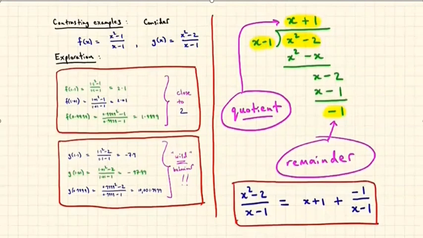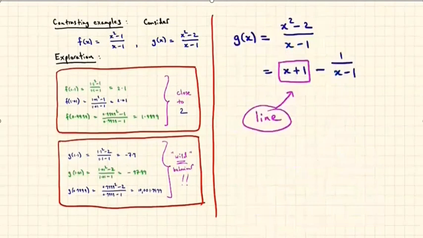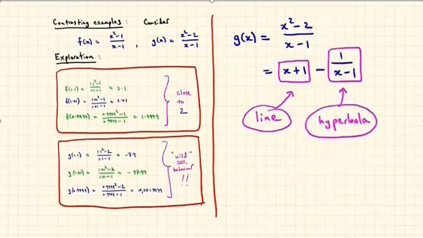Notice that the first part, x plus 1, is the rule for the line that we saw before in analyzing f. We're also taking away a piece, 1 over x minus 1, which is the rule for a hyperbola. So the rule for g involves a line and a hyperbola.